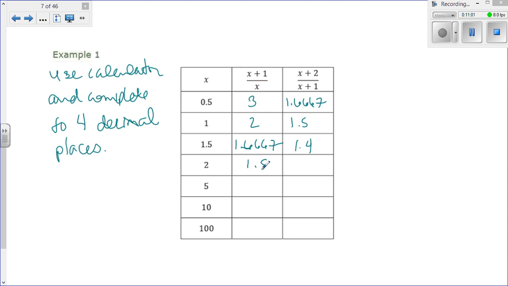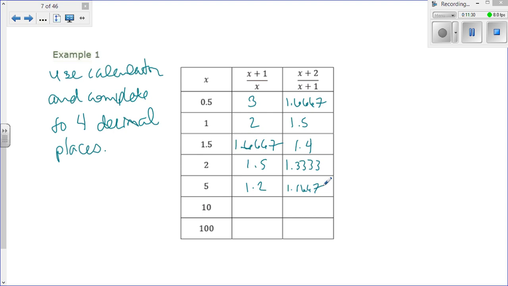If I substitute 2 into the second fraction, I will get 1.3333. If I substitute 5 into the first fraction, I will get 1.2, and 5 for the second fraction will give me 1.1667.